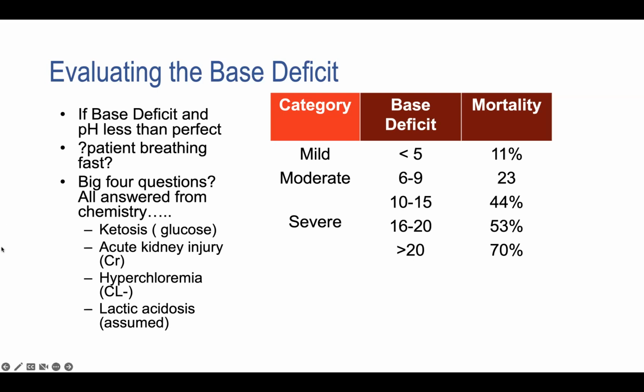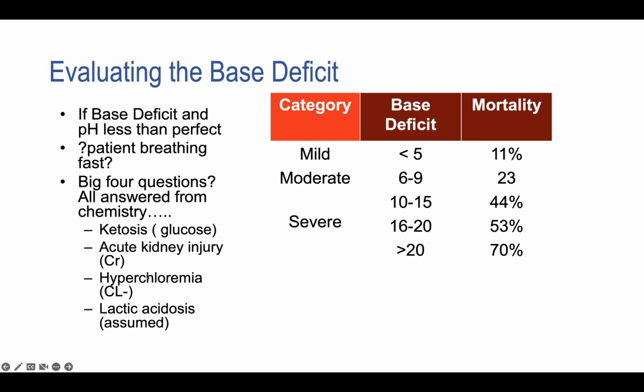So there's always 4 big questions for the majority of us at the bedside. We're not talking about metformin toxicity or other kinds of things. What might happen if you're HIV positive? Those are more specific issues. But for us in critical care, the first questions when we have a base deficit: is my patient ketotic? That's hyperglycemia and ketosis. Do they have acute kidney injury? Looking at their serum creatinine and their glomerular filtration rate, that comes back on your lab.